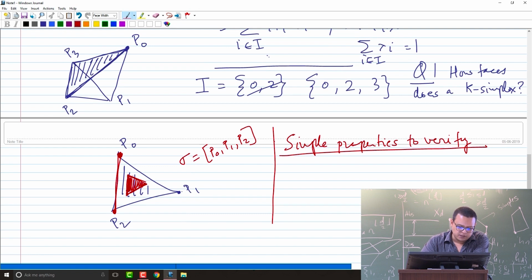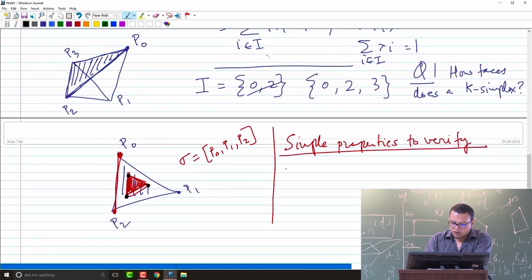What about this red thing? Is this a simplex? It is a convex hull of these 3 black points, so it can be a simplex, but it does not have to be a face of sigma. These 3 black dots are affinely independent, right? Simple things to verify.